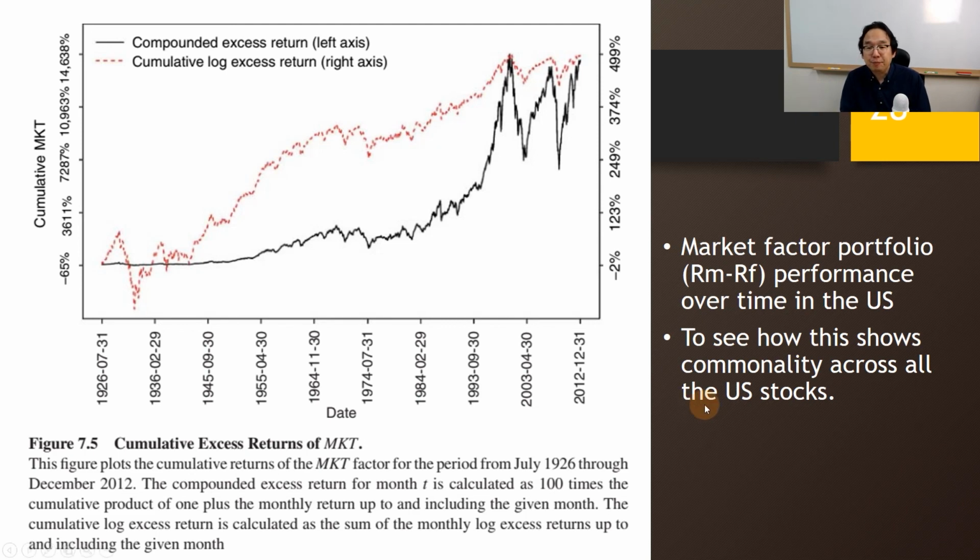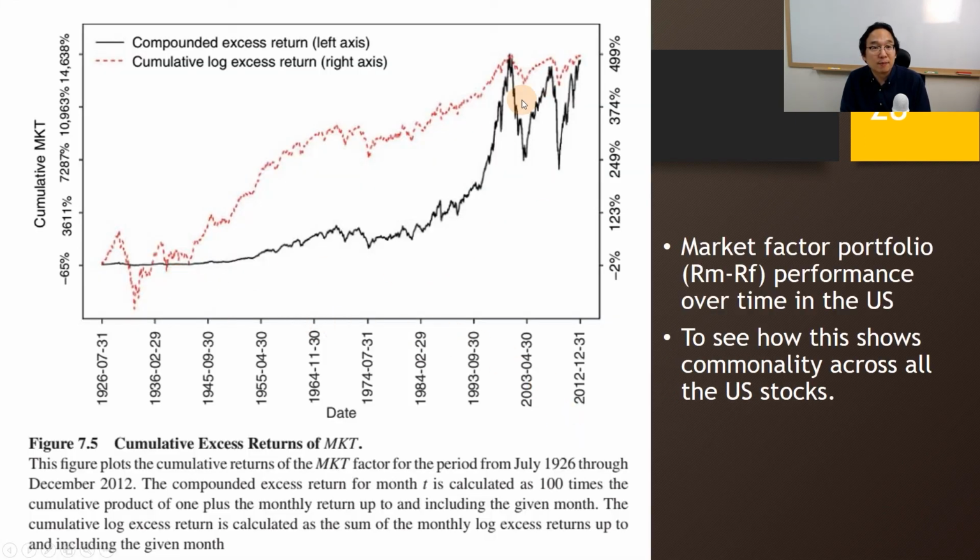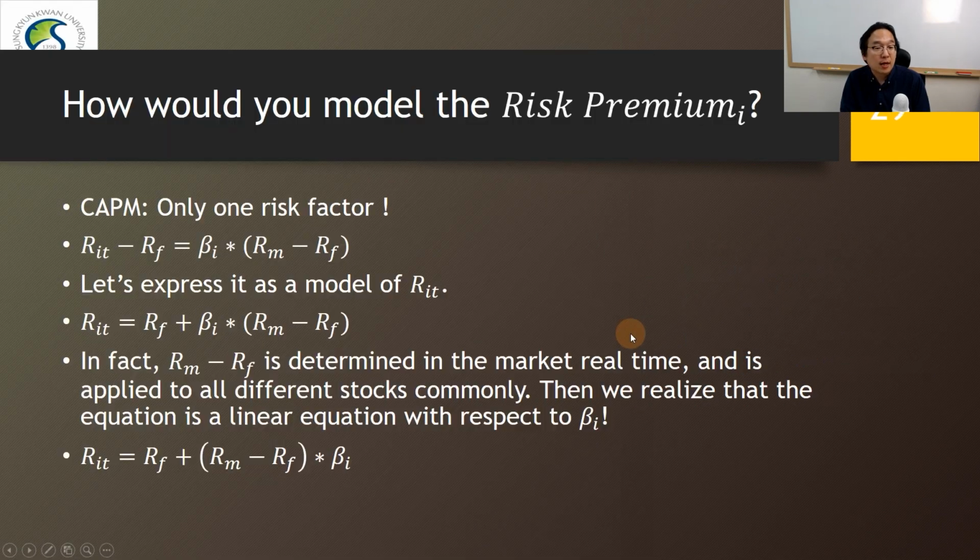And then once you have constructed the factor portfolio, what would you do? Well, you show and backtest the market factor portfolio performance like this. And then also CAPM, right? Getting back to our CAPM discussion, we need only one risk factor like this, the RM minus RF market risk factor. And then let's express it as a model of Rit.